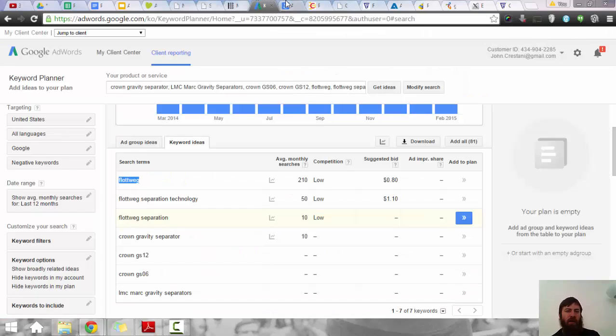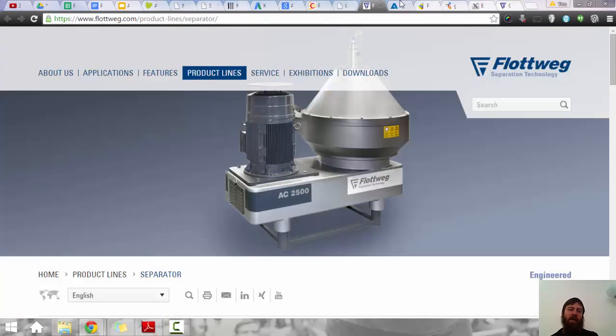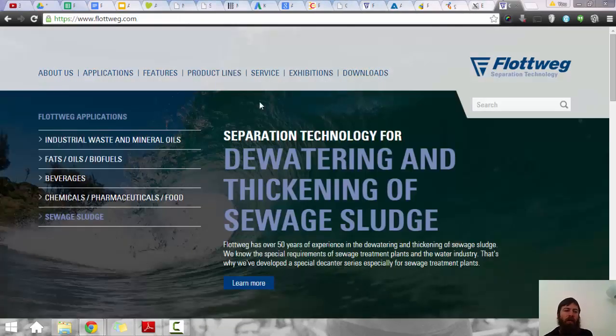So in these sorts of things, the questions I would ask myself are: for Flottweg, are they mainly working with industrial waste and sewage, or are they also working a lot with food and organic material? Are these completely different industries?